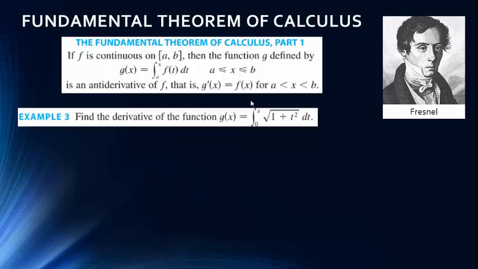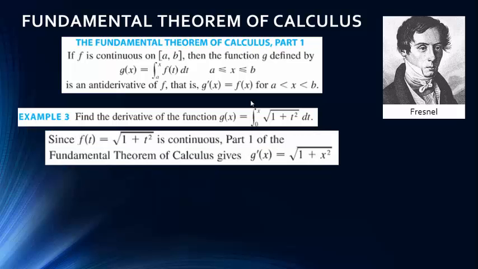So if we find the derivative, here's an example. Find the derivative of the function g(x) equals the integral from 0 to x of the square root of 1 plus t squared dt. So if we evaluate this integral, actually, if we just use the formula here, we can see that the derivative is going to be equal to the integrand, the square root of 1 plus x squared, okay?